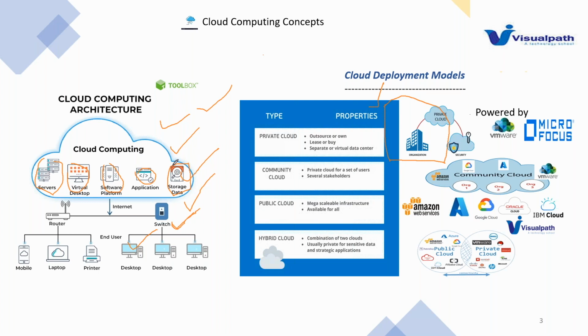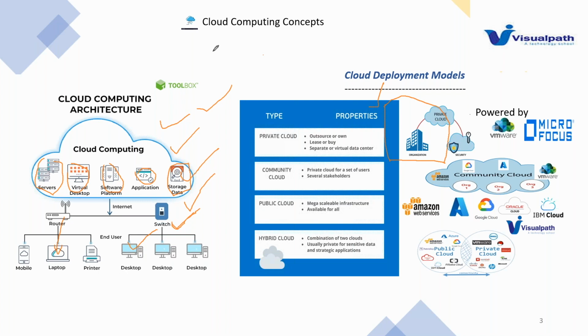They are providing these computing services to the end users through the internet. So we can access AWS services, Azure services, or Google Cloud services from the portal itself, from the browsers, right? This is how we are accessing cloud computing.